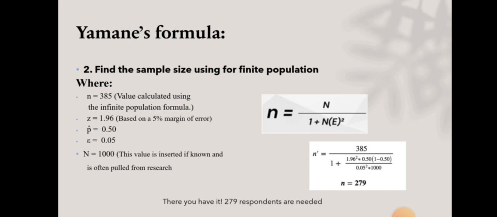It gives 279. Thus, 279 respondents are needed if the population is known, using Yamane's formula for finite populations in a research survey. So this is example 2.